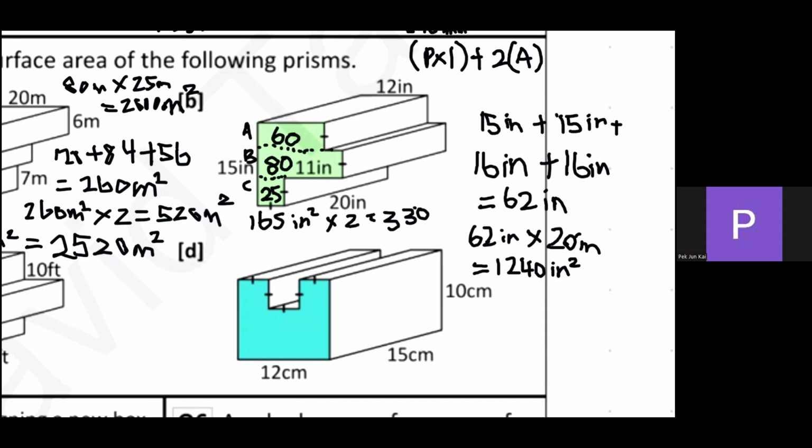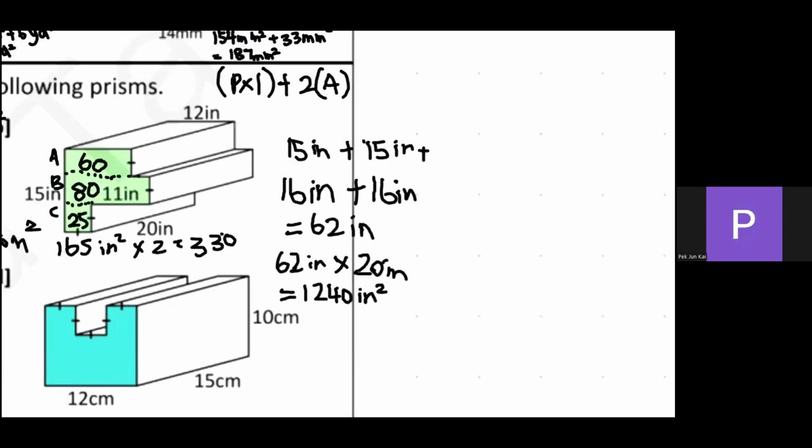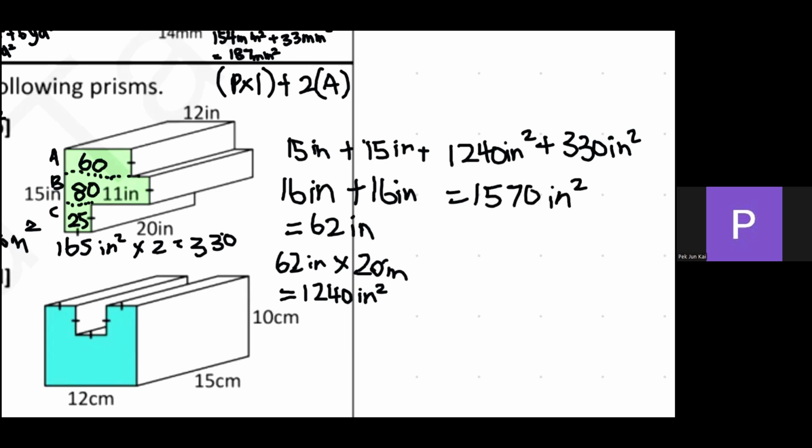So we can add it together. So 1240 inches square plus 330 inches square, we would get 1570 inches square. So this would be the answer for question B.